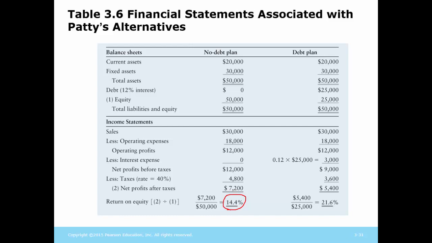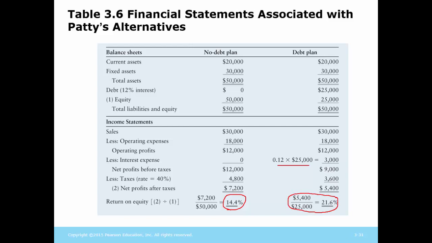If we borrowed money instead, of course, we have $50,000. We have the same liabilities and equity, but we're actually going to have less profit because we have to pay interest. But how does that ultimately impact the return on equity? And I think this is something that, at least on the surface, isn't intuitive, right?